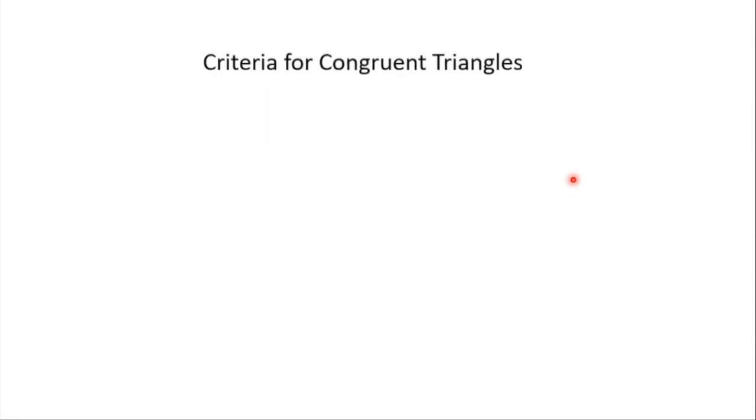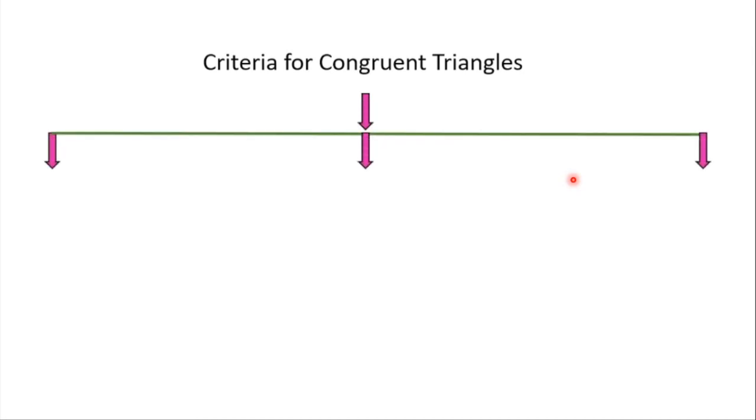So the criterion for congruent triangles, can we conclude like this? There are only three criterions. Number one is SAS, the second one is SSS, and the third one is ASA.